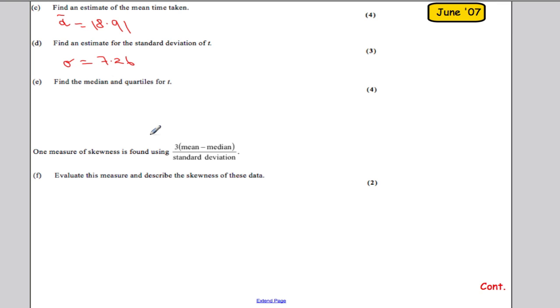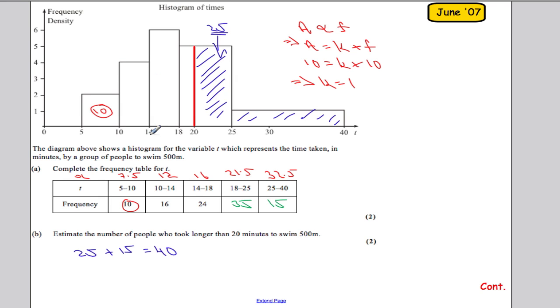Find the median and quartiles for t. Before I find the median, I'm going to first work out a cumulative frequency. So the cumulative frequencies, we've got 10, 26, 50, 85, and then 100.